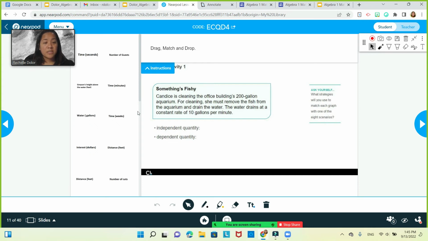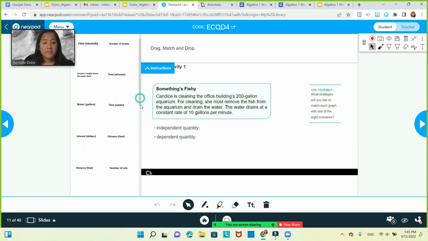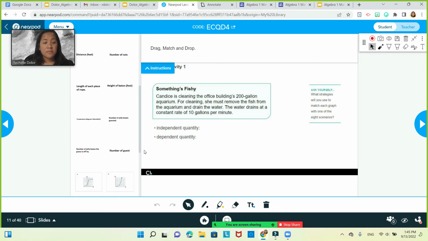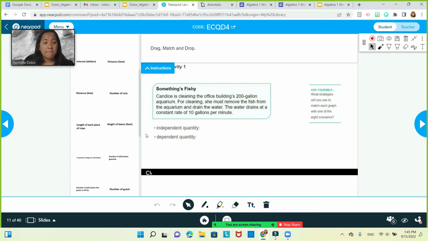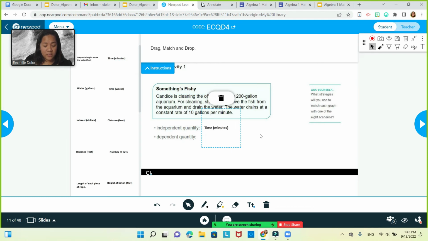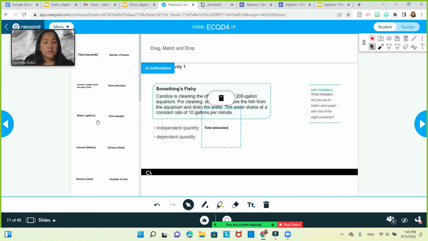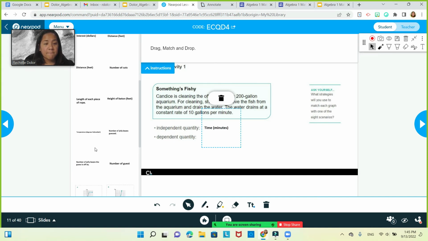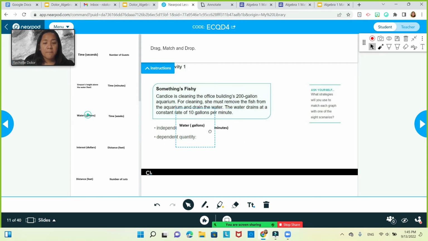All right, the answer here is time or minutes, right? Then the dependent quantity is water or gallons. So the independent is the time.